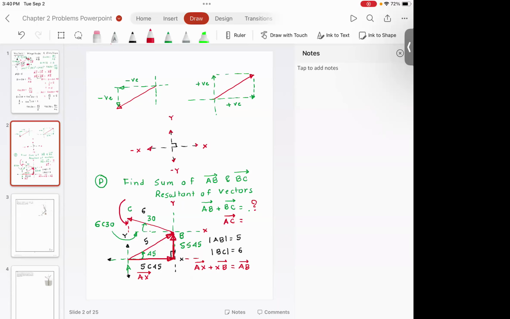What is here? 6 sine 30. You agree with me? Now here is the observation. This is positive x. This is negative x. This is positive y. This is negative y. Do you agree with me?